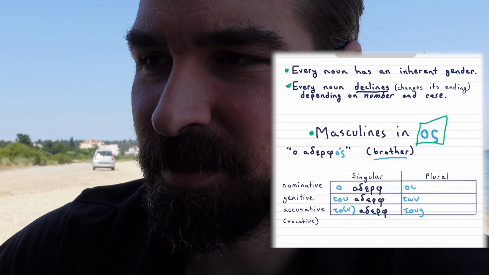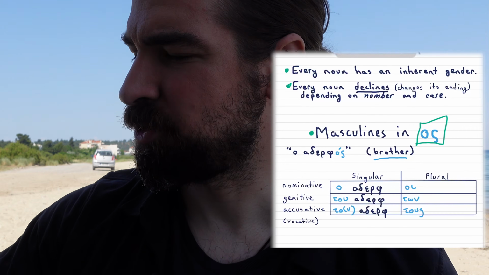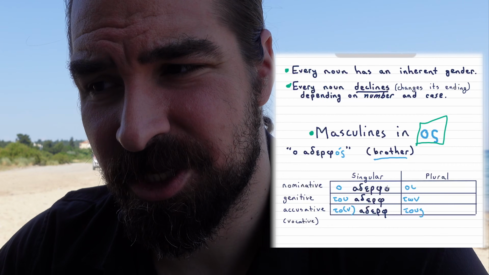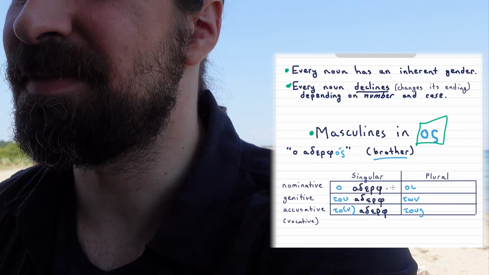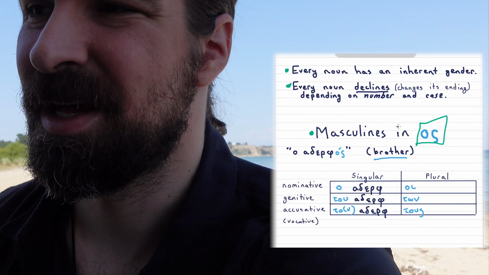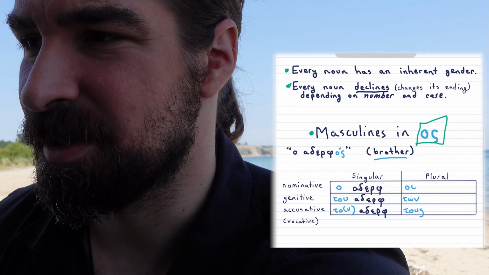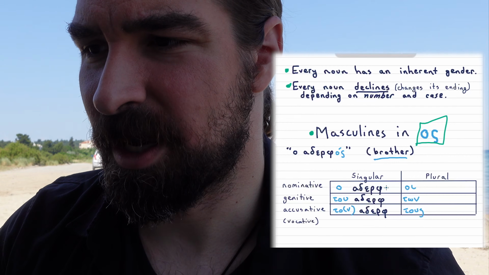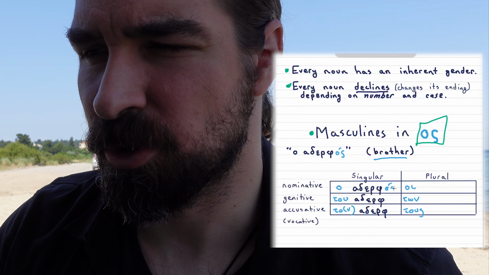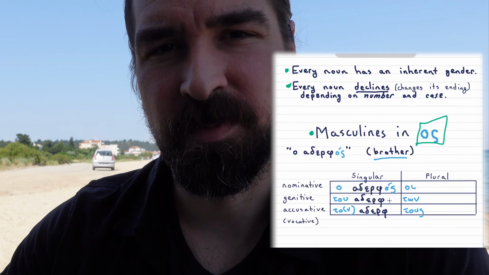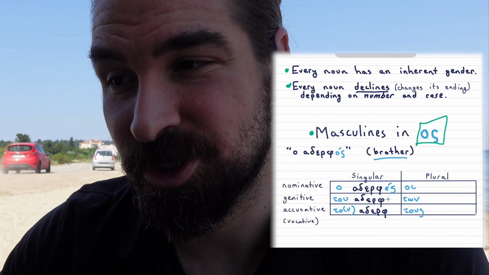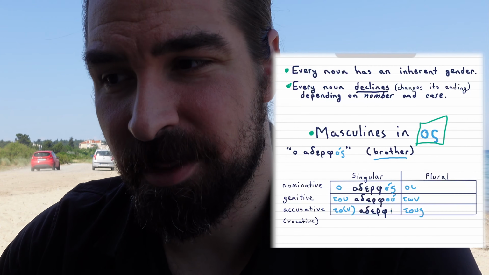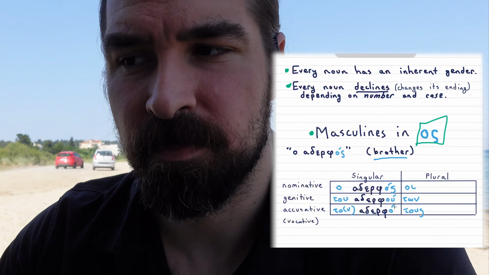Now let's look at the endings. In the nominative, this word stays as we would find it in the dictionary. In fact, when you look up a noun in the dictionary, you're going to be given the nominative case of that noun, the nominative singular, if it exists. So, o adelfos, nominative. Tou, this is genitive, adelfou. This would mean of the brother. And ton adelfo.